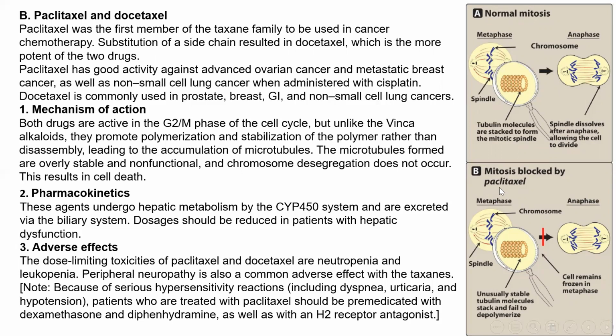The presence of paclitaxel allows the mitotic spindles to be formed, but the spindles formed in the presence of paclitaxel are overly stable. So they are polymerized, but they are not depolymerized after the mitotic spindle has done its job. So they are formed in the original cells, but they are not depolymerized in the daughter cells, which causes a freeze of the cells in the anaphase.